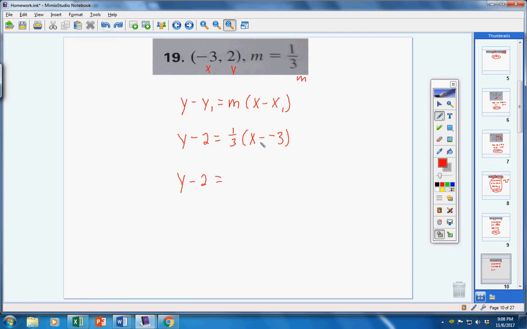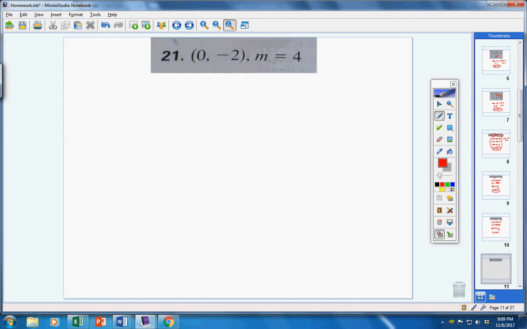Over here, x minus negative 3 makes it a positive 3. Now 1/3 times x is 1/3 x. 1/3 times 3 is 1. Now, bring your negative 2 over, make it a positive 2, and we're left with y equals 1/3 x, positive 3.